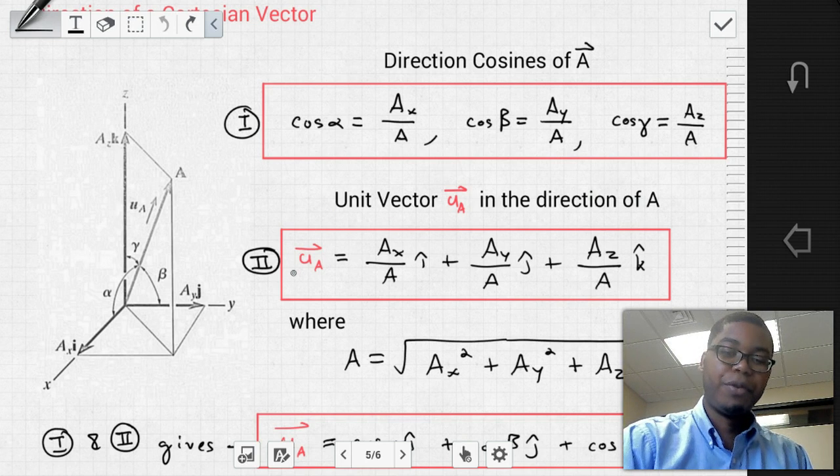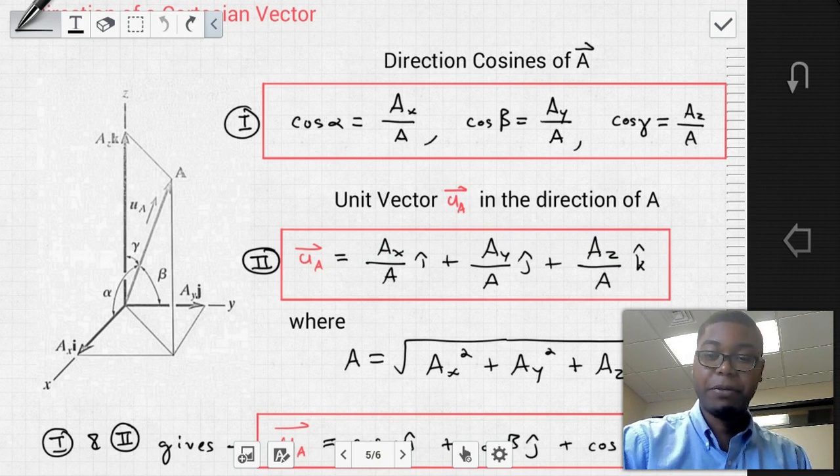Well, unit vector uA is equal to Ax over A times i plus Ay over A times j plus Az over A times k, where, again, we see these magnitude ratios between the component Ax, Ay, and Az and the total magnitude A.